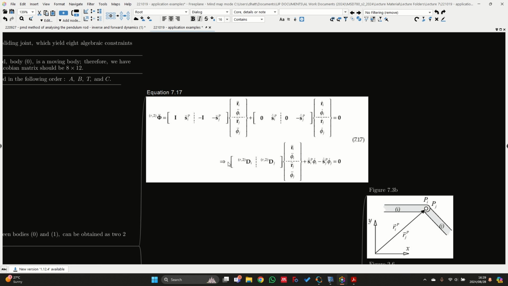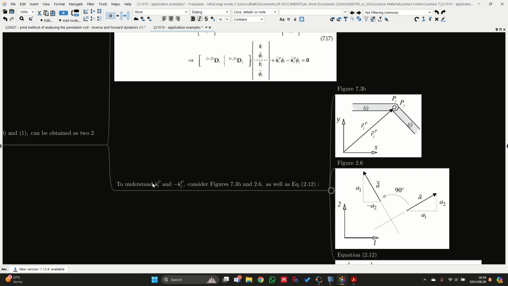And we can reduce these submatrices over here to denote the constraint Jacobian matrix for body I pertaining to the revolute joint, which is imposing 2 constraints. Then since it's acting between bodies I and J, I also have to give the Jacobian matrix pertaining to J for the revolute joint.